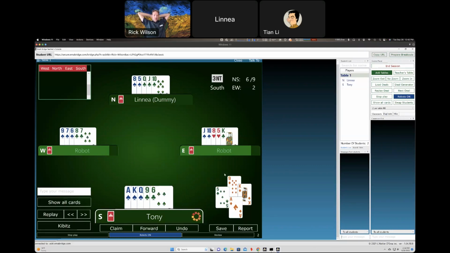So you can claim 3 more tricks here. But I'm just wondering, is it worth it to risk playing clubs for a chance at an overtrick? If you play clubs, they'll take 3 more tricks and you'll be down. All right.